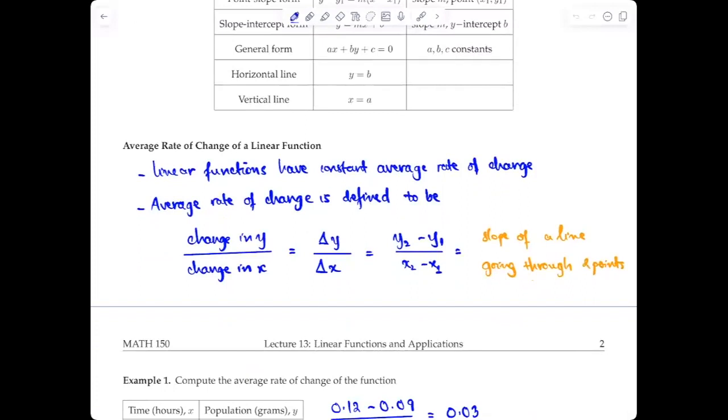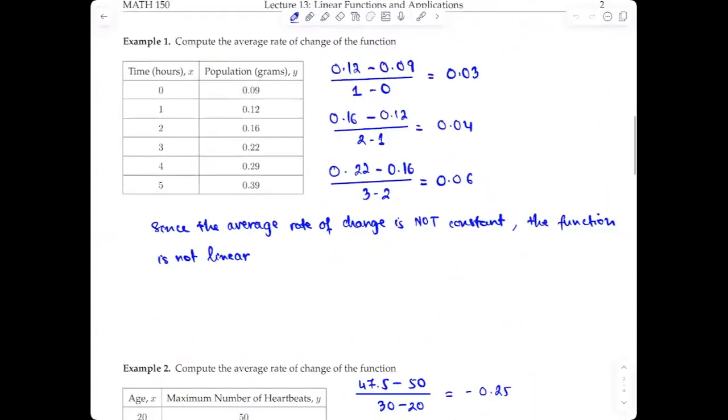We did a couple of examples on finding the average rate of change, and one of the very important notes on the average rate of change of a linear function is that for linear functions, the average rate of change is a constant. Okay. So in example 1, you calculate that the slope or the average rate of change is changing as we calculate different data points.